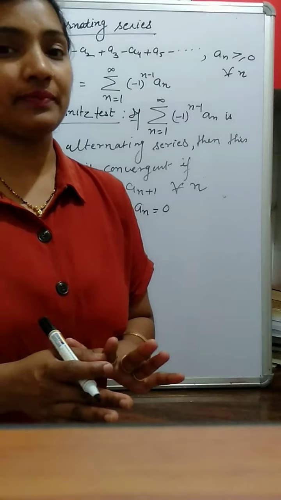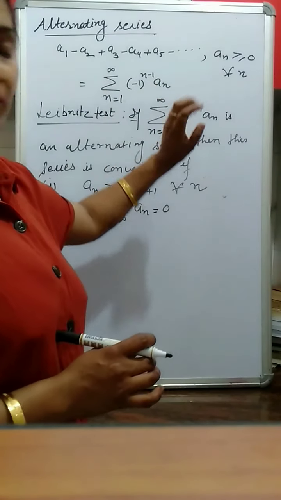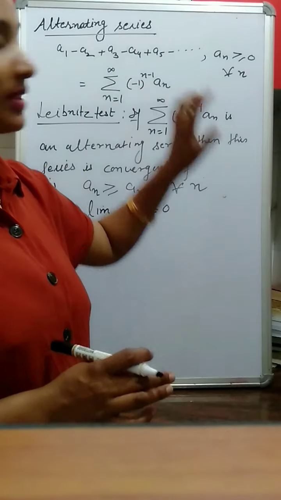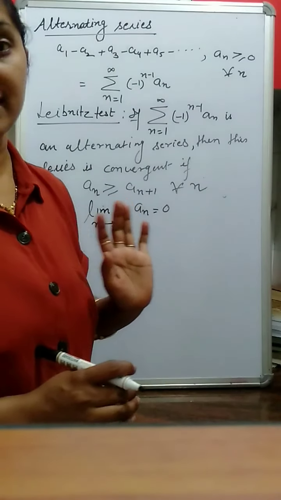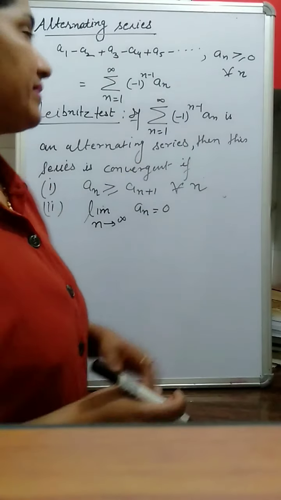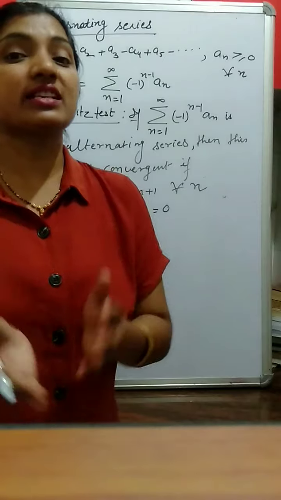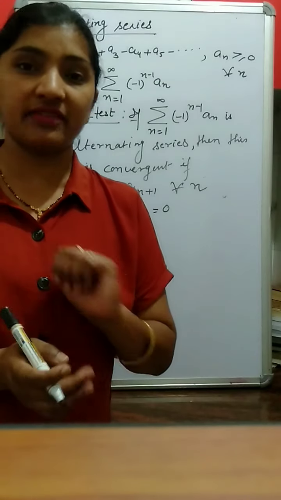But before proving, I mention that all the terms with odd suffixes have positive signs and all the terms with even suffixes have negative signs. And we know that a series is convergent if its sequence of partial sums is convergent.